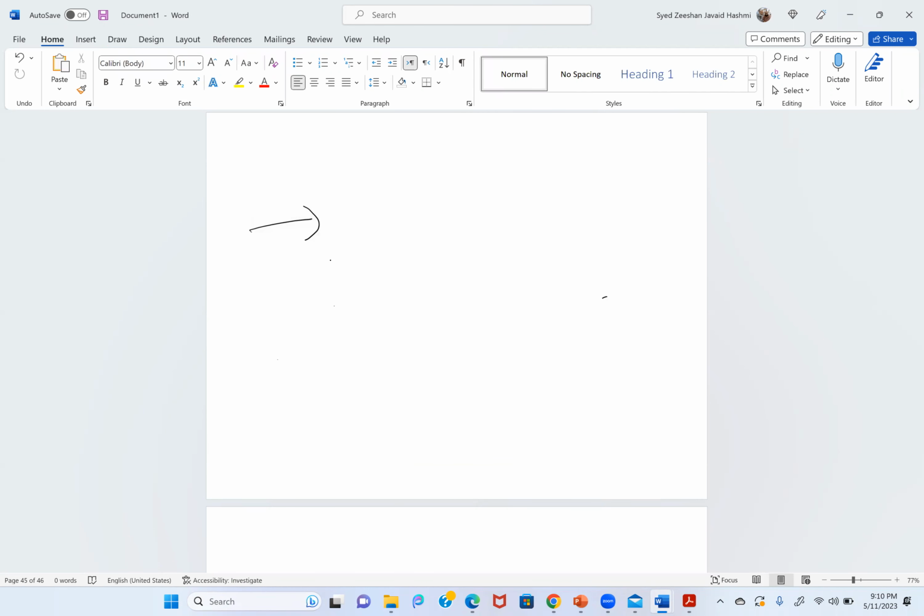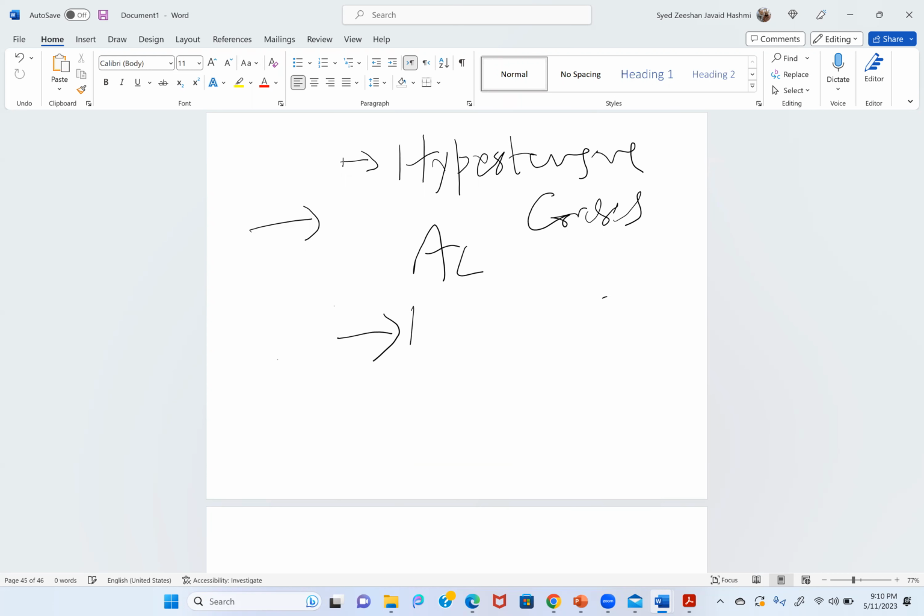Okay. If it is uncontrolled, there will be chances that the patient can have a hypertensive crisis. This will be one thing, acutely. And as the word you used, macrovascular and microvascular. So what will be happening?